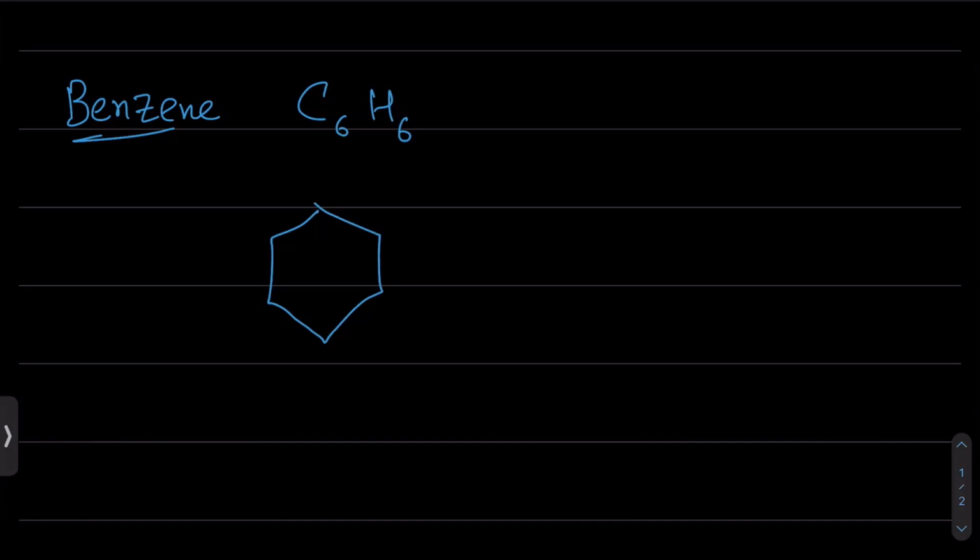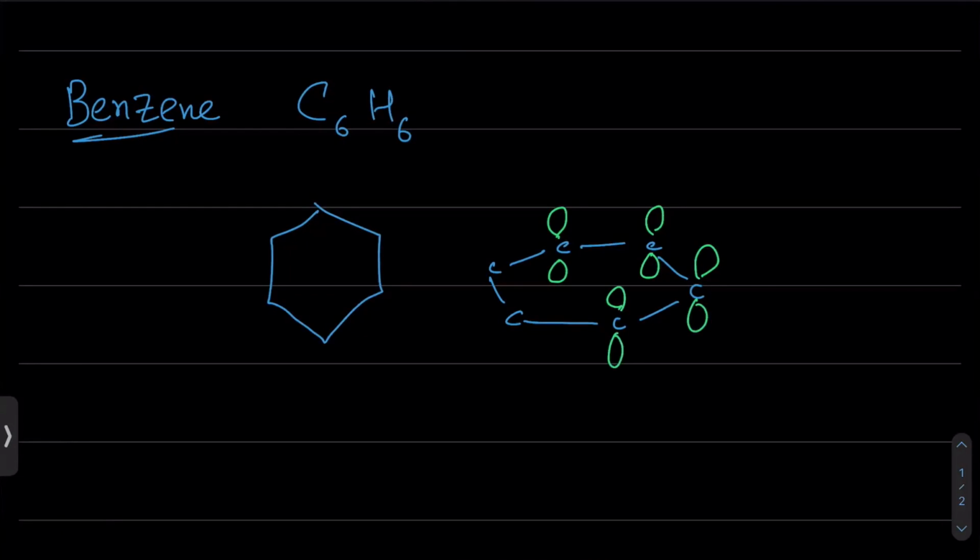But all 6 of them also have pi clouds. And these pi clouds share electrons with each other, and they're all sharing these double bonds with each other. And these double bonds are going around the whole thing.